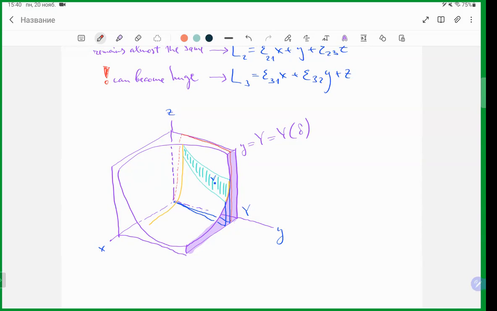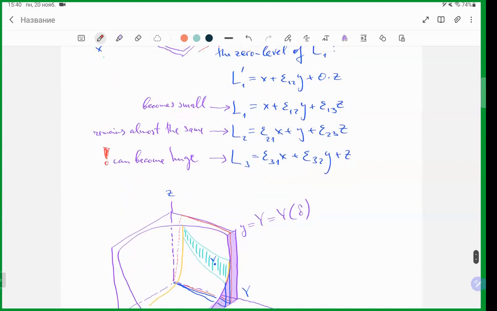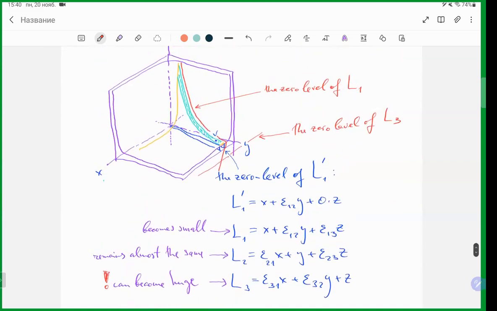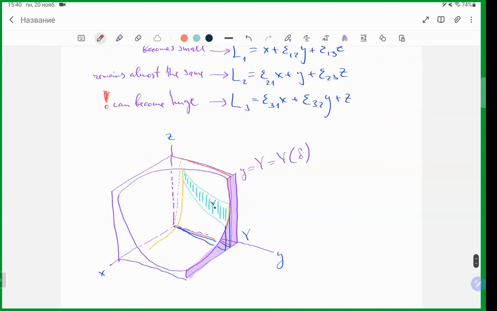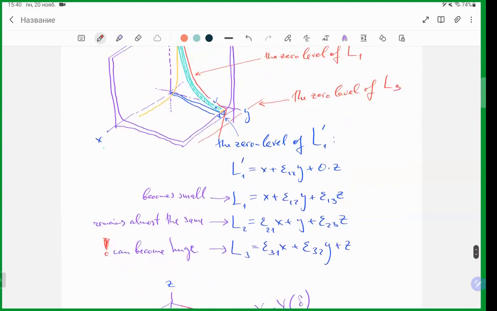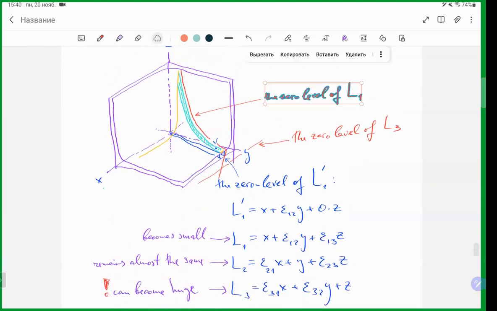Now this is the zero level. I can copy it, the zero level of L1.